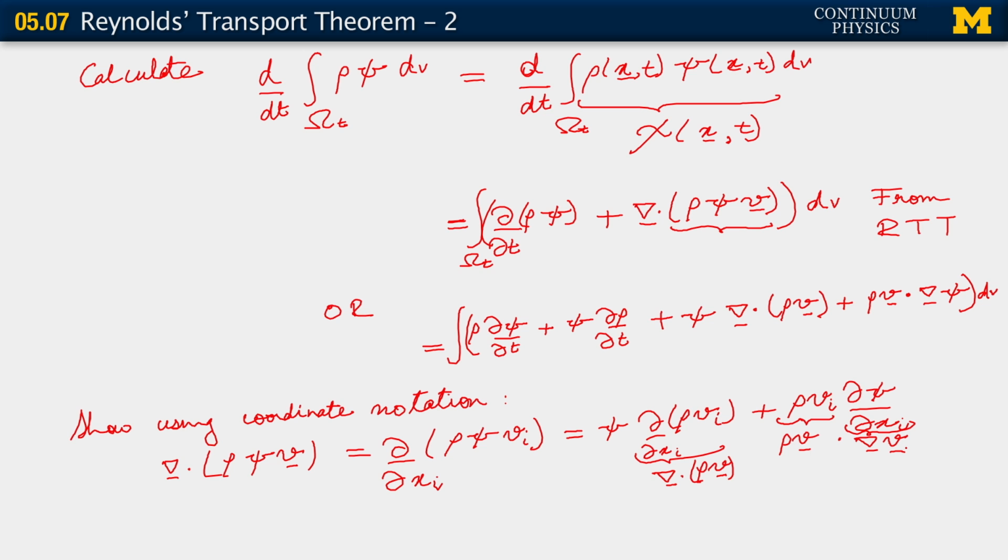Okay, and that term is that one, and that term is that one. All right. I'm going to go to the next slide, and I am going to gather terms there.